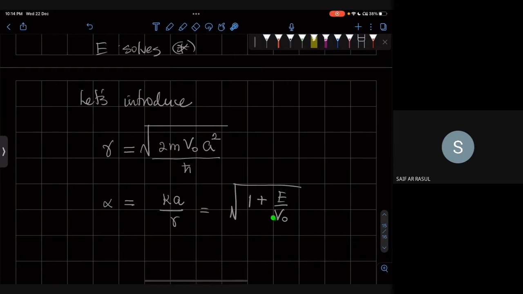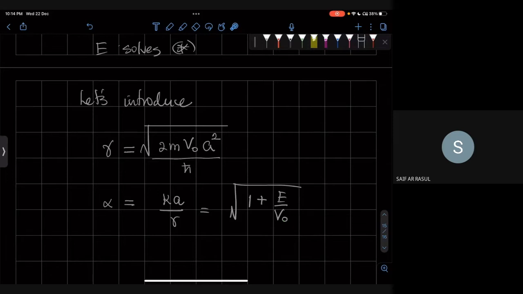So this is a negative number whose modulus is less than 1, between 0 and 1. So this thing is positive as long as the modulus of E is less than V naught.